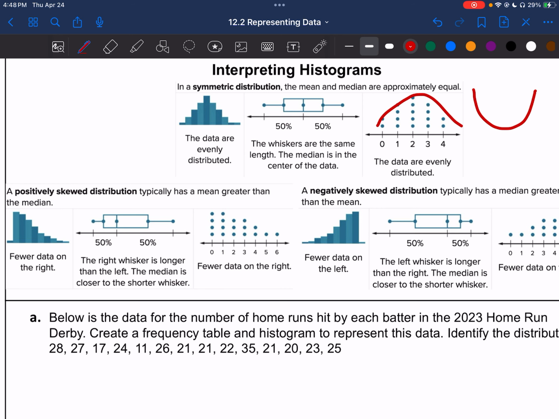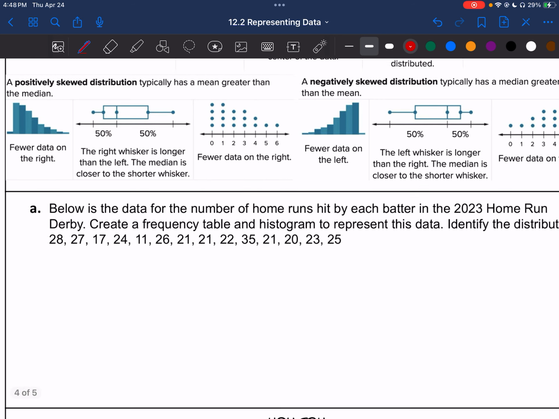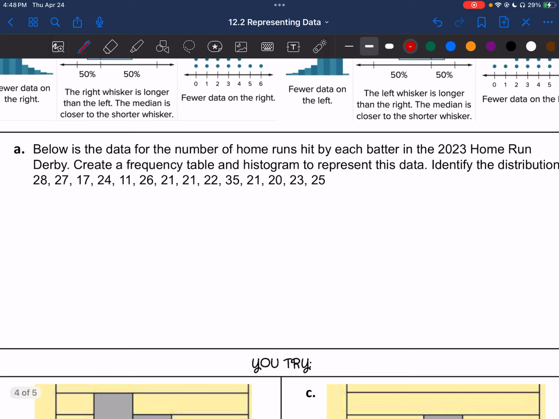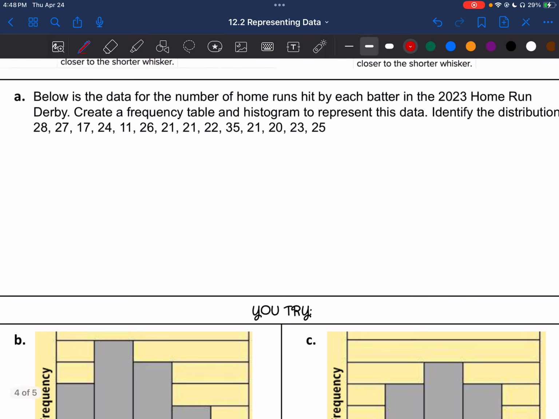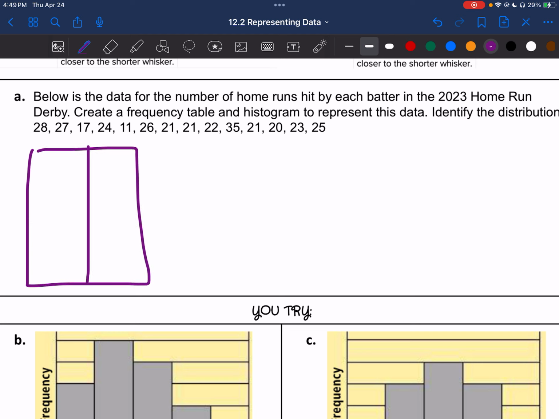So below, we've got some data on the home runs hit by each batter in the 2023 Home Run Derby. Create a frequency table and a histogram to represent this data. Identify the distribution. So we're going to start with a frequency table because that's what we need to use to do a histogram.